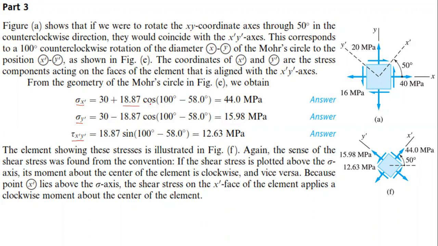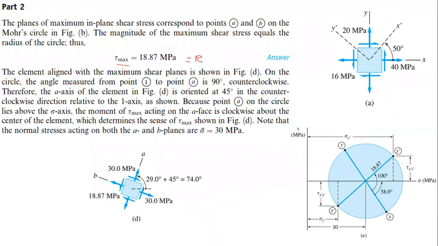Solve gihapon. So atong tan-awon balik sa Mohr circle ang value sa sigma x prime. Okay? So mao ni ang Mohr circle. So mao ni ang x prime.